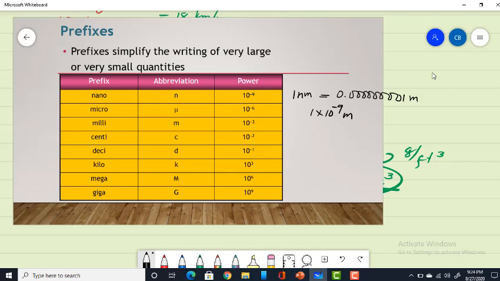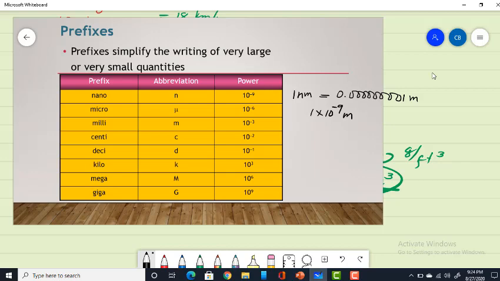So how about this one? Kilometer, we are done with kilometer. So how about mega? How many meters in a megameter? A conversion using scientific notation and the symbol prefixes.